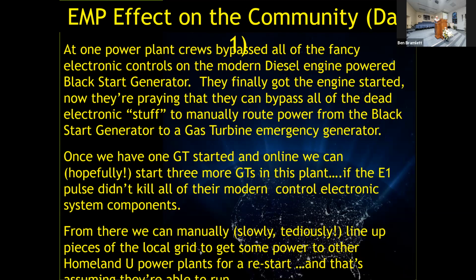So what you have to do typically is fire up the diesel and then transfer power from it through the buswork into our emergency gas turbine generators. They run off of diesel fuel. And so once you get one running and you can cascade power over and hopefully get those started, assuming that the control systems can be fixed or bypassed, okay?